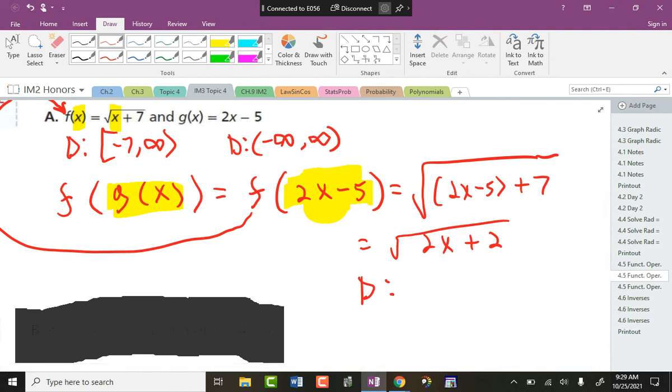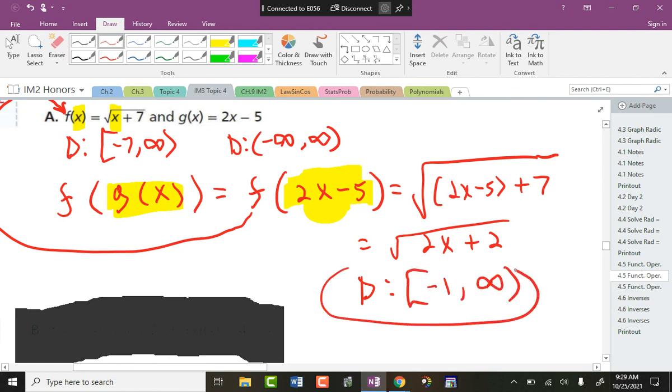Think about that in input output. 3, 2, 1, go. No, so we have a domain issue. Can I plug in -1? 3, 2, 1, go. That's the beginning point, what we can plug in. The domain is -1 to infinity because we have to keep this real. So the composition's domain ended up being a little worse than the originals. And that's a true story.